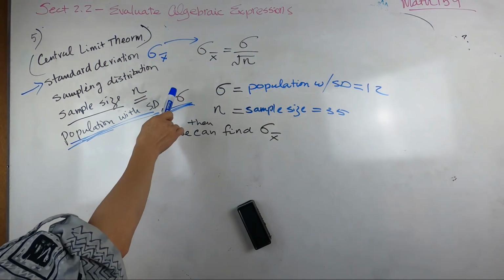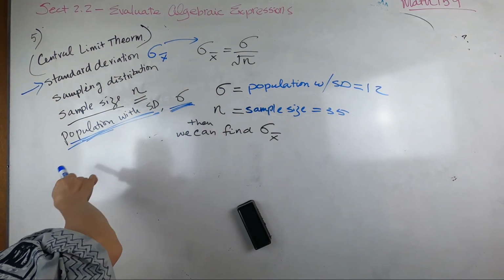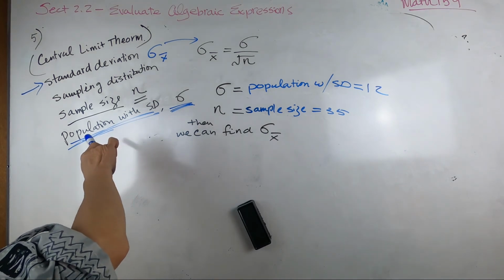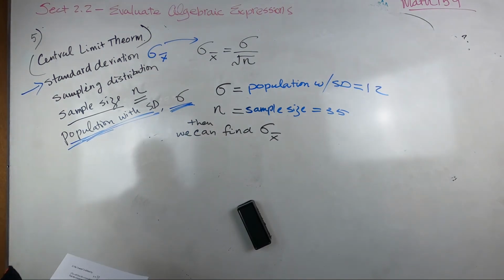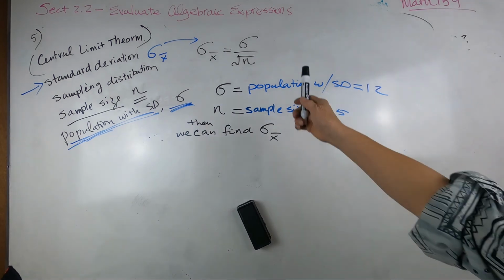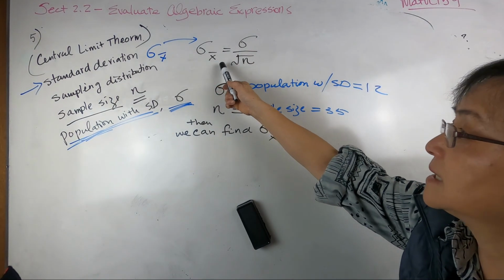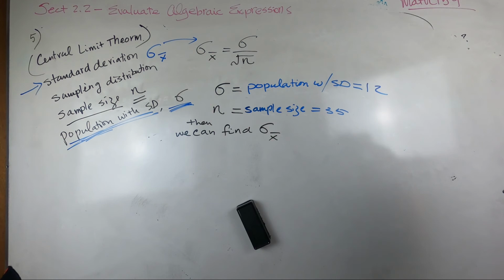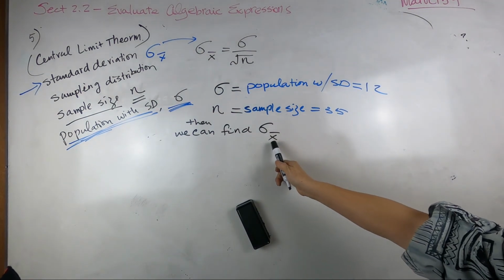Then sigma is for something called population. Confusing enough? Bunch of words, you have different symbols. One is n, one is sigma, one is sigma x bar. So we want you to find the sigma x bar.